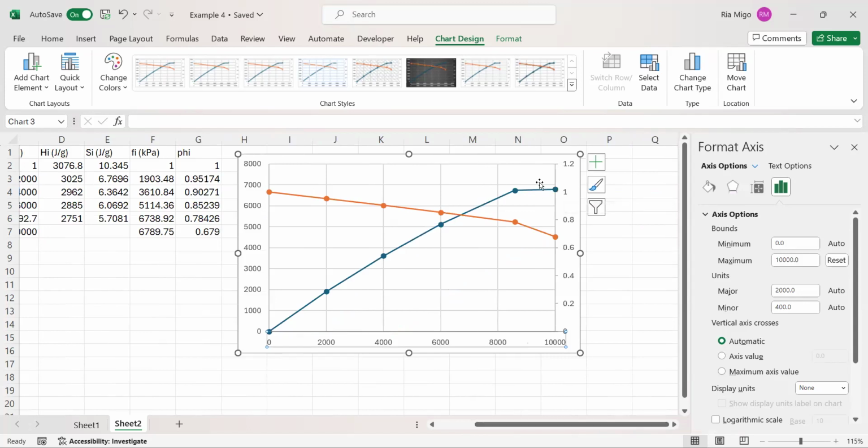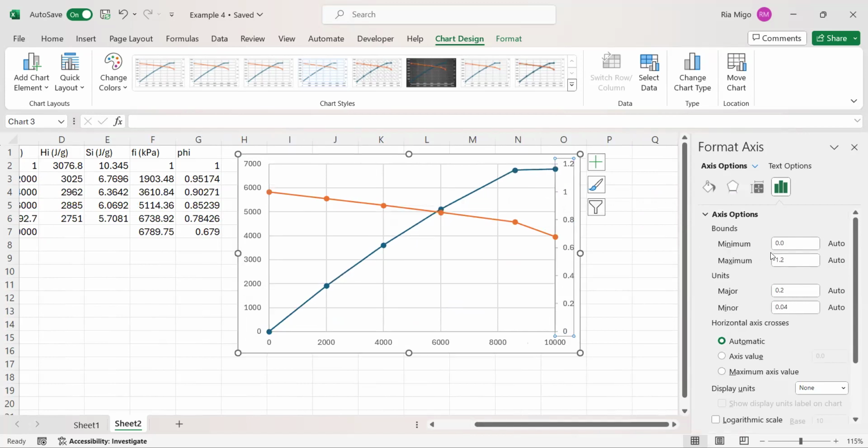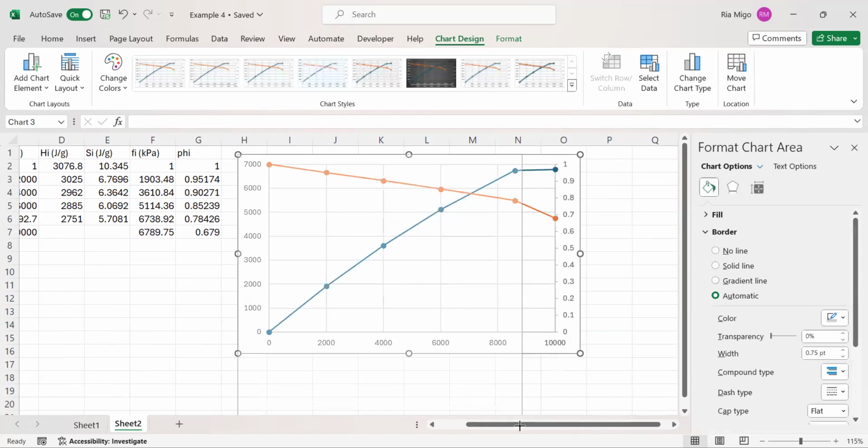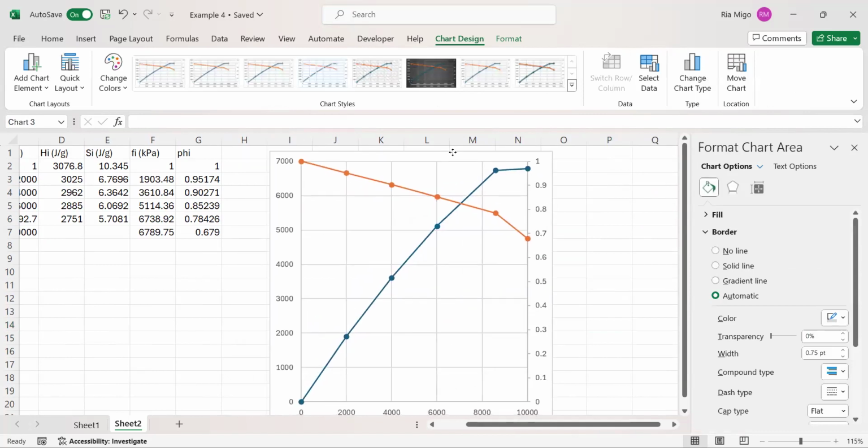And then, similar to the graph, we want to make the vertical axis go up to 7,000 and this one up to 1. So more or less, it's beginning to look like our graph.